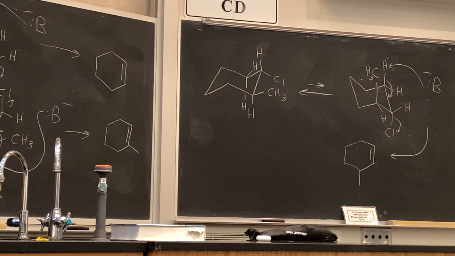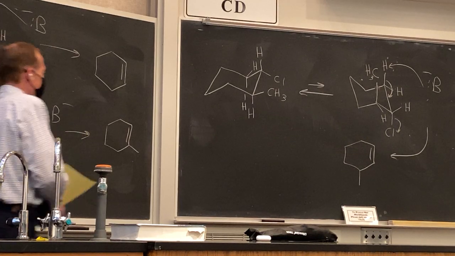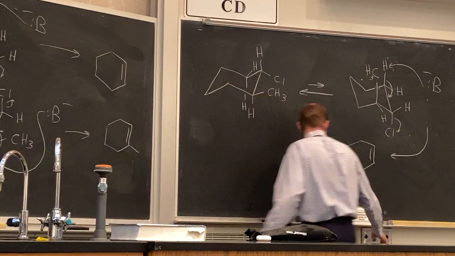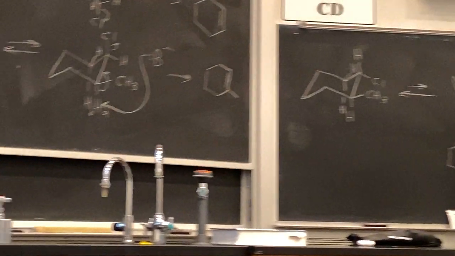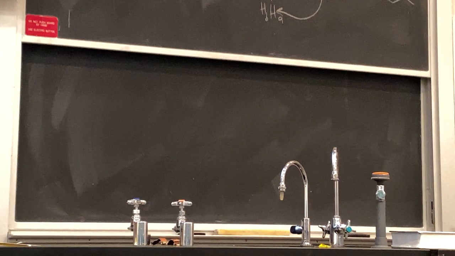Okay, so let's talk about making alkynes. So alkynes are related to alkenes. We have carbon-carbon multiple bonds. We have triple bonds in alkynes, whereas we have double bonds in alkenes. And so we can prepare alkynes by E2 reactions, but they're special E2 reactions because we need to form 2 pi bonds.